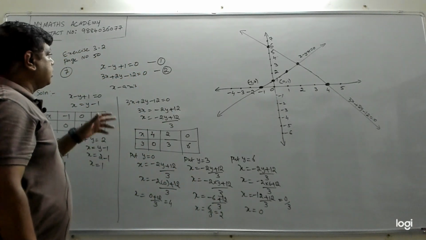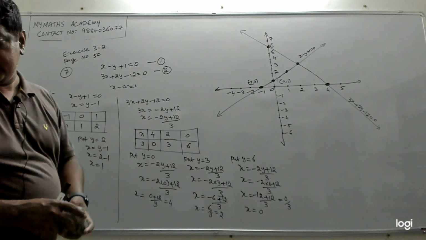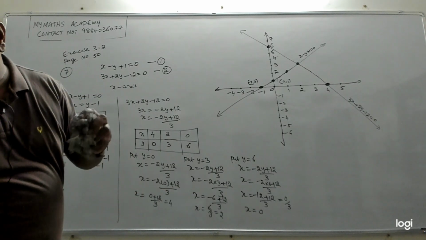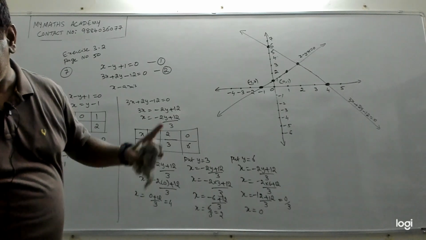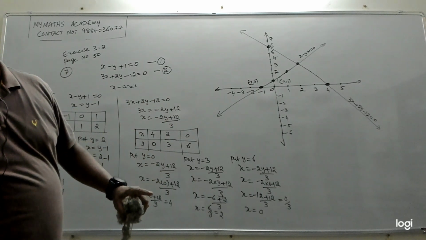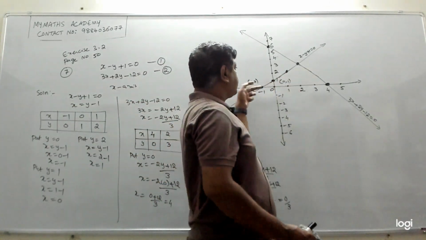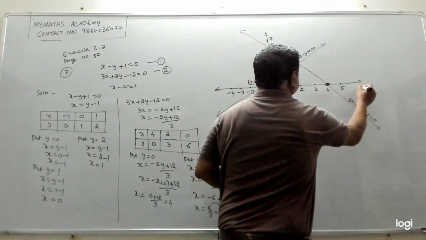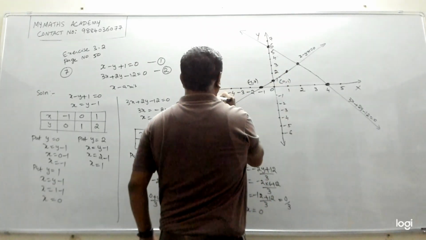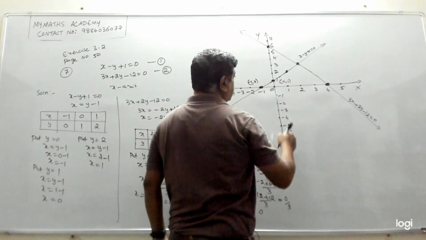Now what is the question? We have to draw the graph of these two and then determine the coordinates of the vertices of the triangle formed by these lines and x-axis and shade the triangular region. So we have got these two lines and this is the x-axis, x dash, y, y dash.